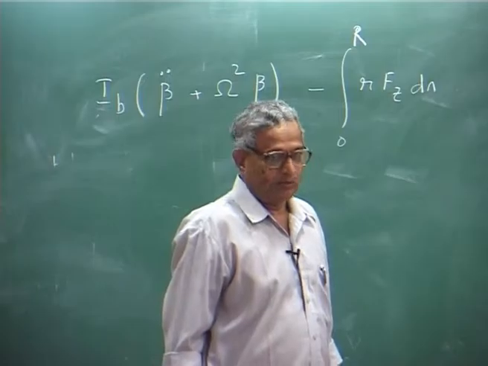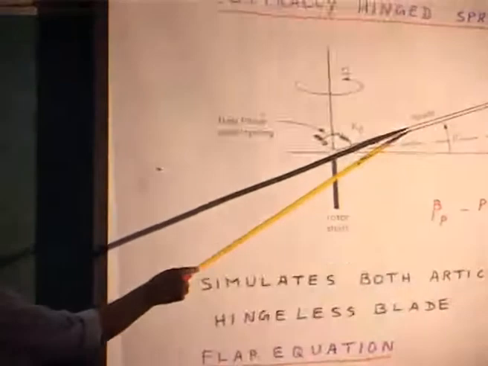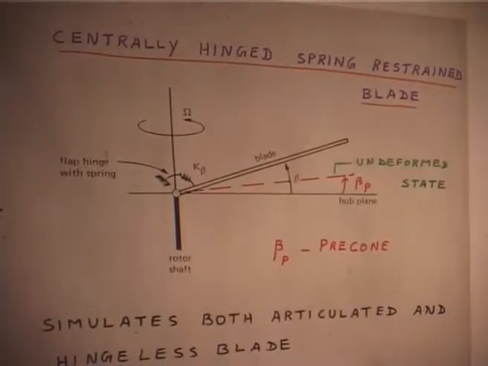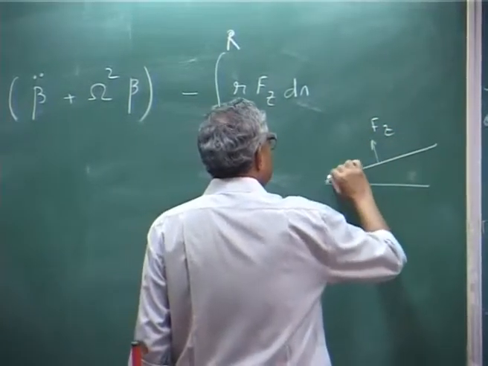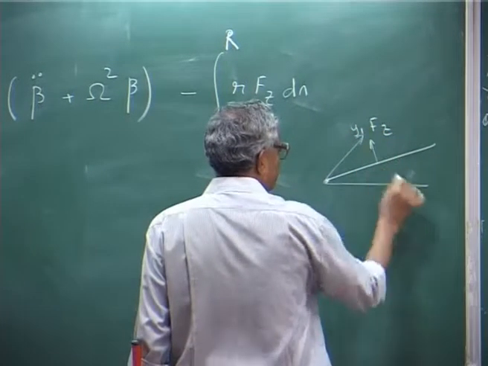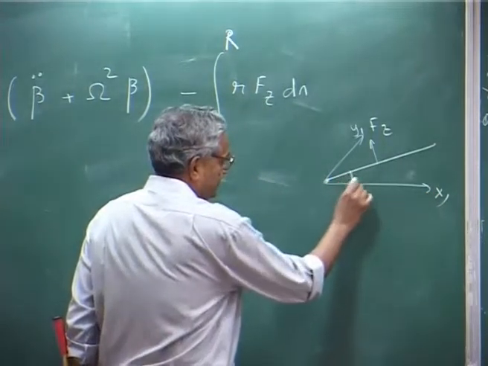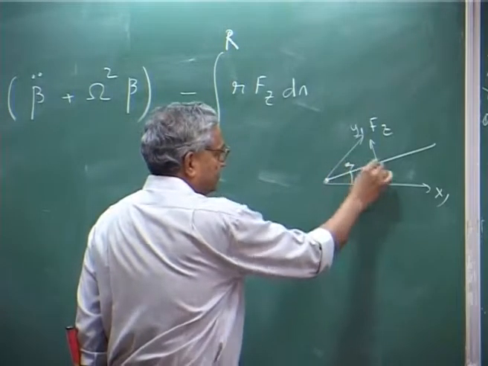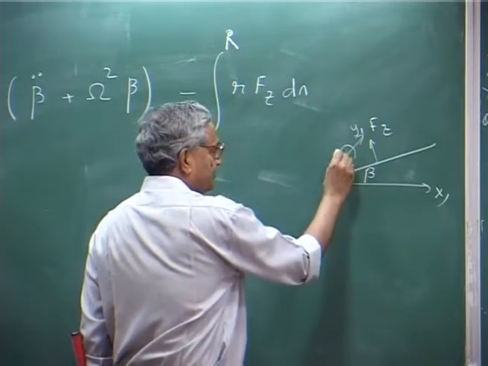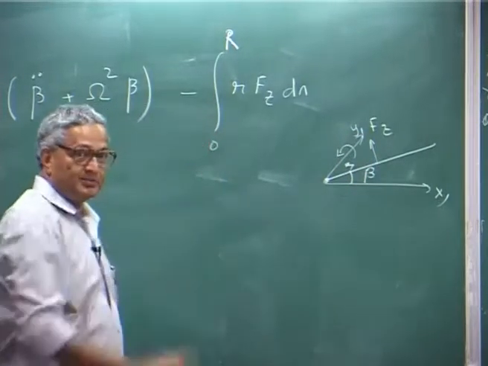The aerodynamic lift F z is in this direction, and this is my y axis, y 1, this is x 1, and this is the flap, this is r. So, this moment about the y axis is clockwise, that is minus.